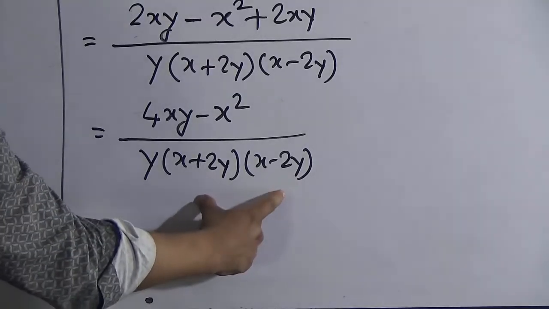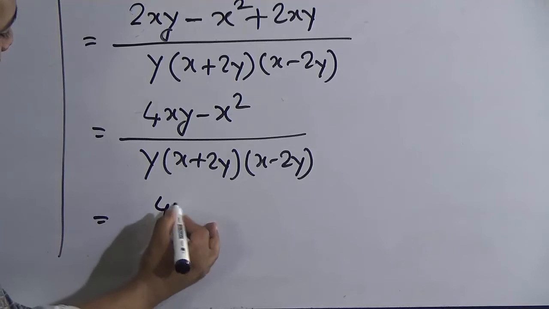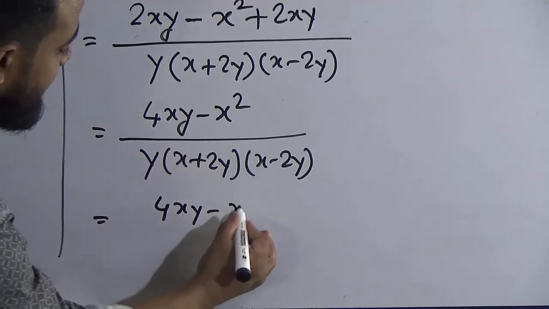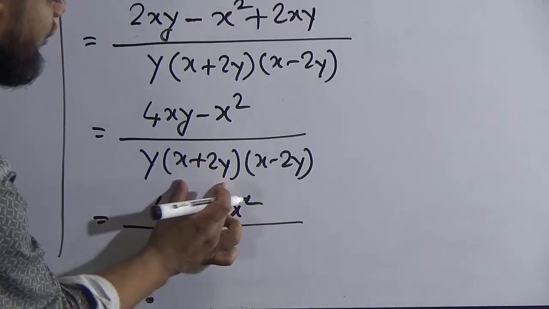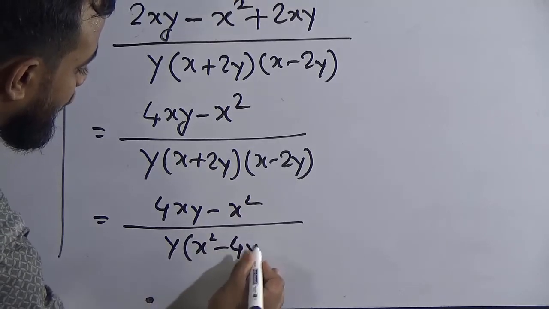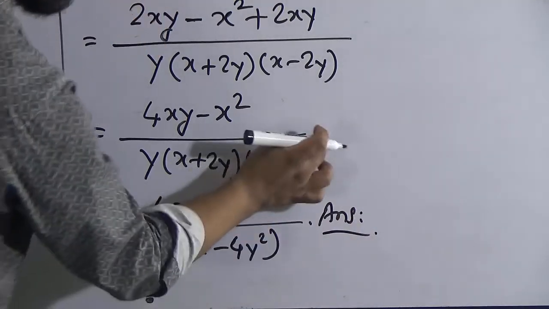But if you write down the answer as it is here, it's also correct. We can write this answer another way: 4xy minus x square divided by y into (x square minus 4y square). Okay, this is our answer. You can write down the answer in this line also.